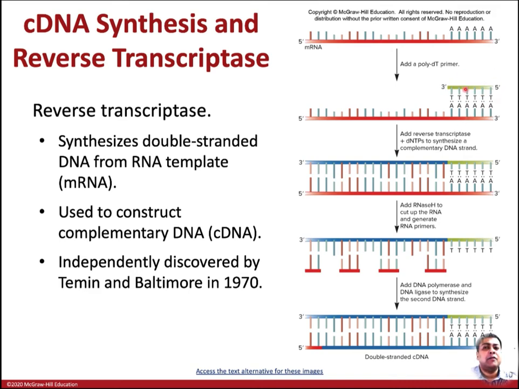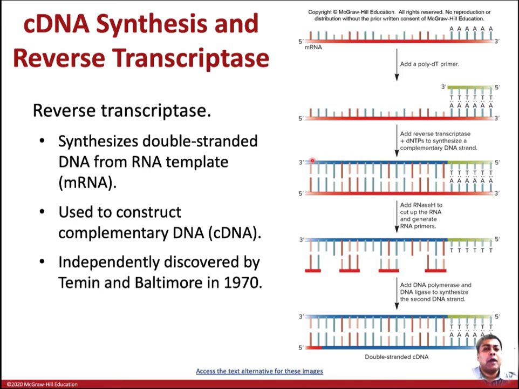As they bind, now you have a primer. You add the reverse transcriptase. Reverse transcriptase is going to make a complementary DNA extending that oligo-dT primer. So you had the 5' to 3' mRNA. Now you have a 3' to 5' complementary DNA, or 5' to 3' in the correct order.